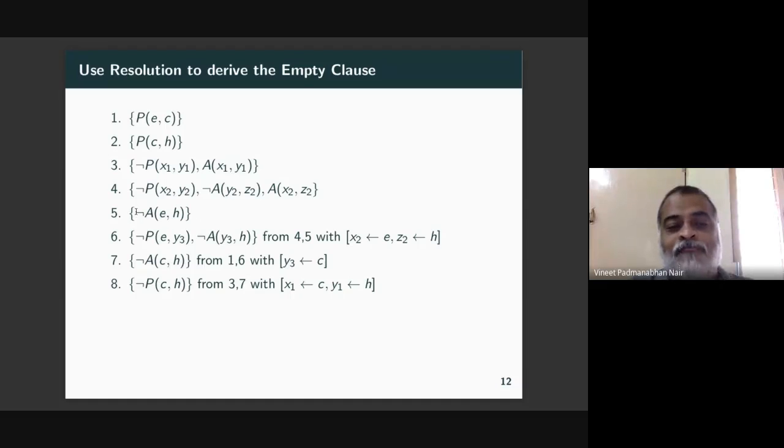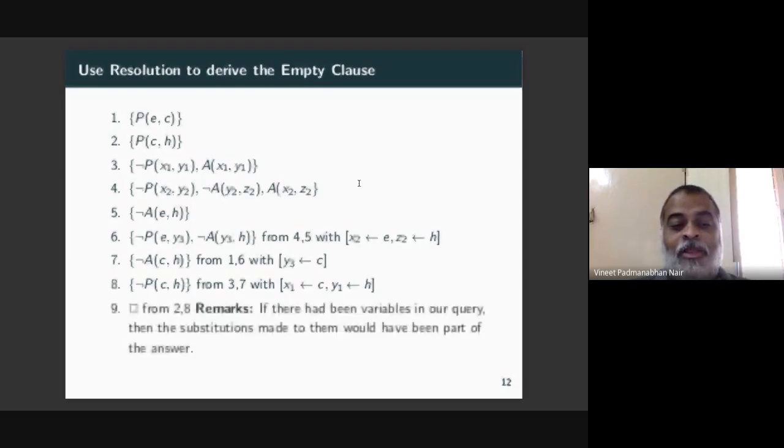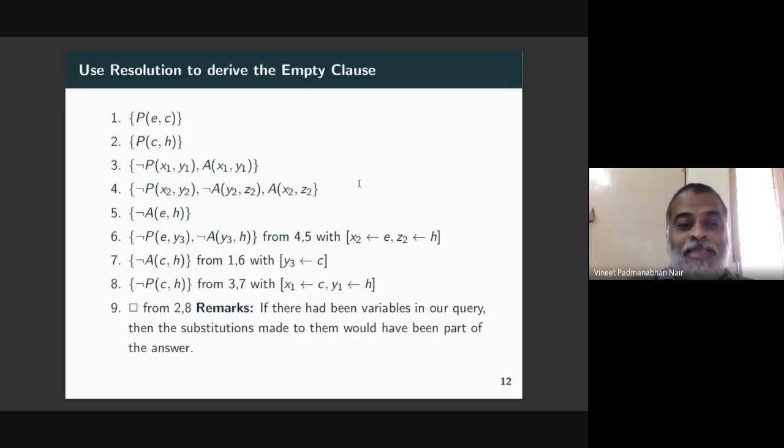So remember, you started with a negation of your query. So you have to eventually get a contradiction which tells that the positive query is true. The negation which you have taken is ending up with a contradiction. That's the idea. Now, not P C H cancels with positive P C H from 2 and 8. So there is a contradiction, which actually means that Elizabeth is the ancestor of Harry.